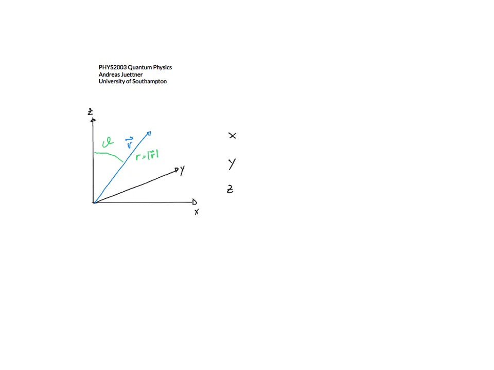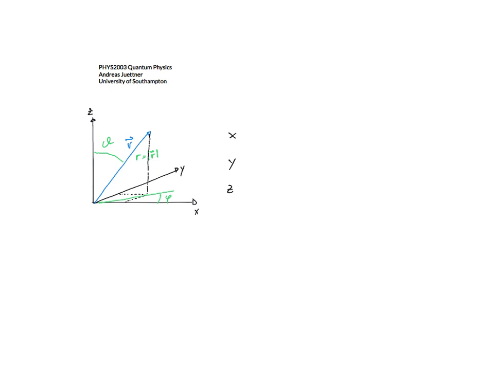First of all, I project this vector into the xy plane, and then I have a projection on the x-axis and a projection on the y-axis. And the angle that we have with respect to the xy plane here, that is called the angle phi, the azimuthal angle, and this defines our three coordinates.